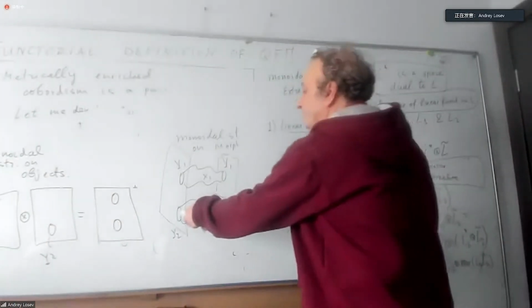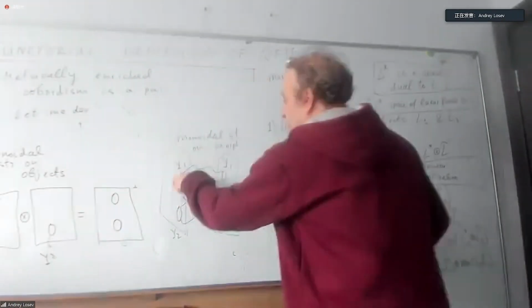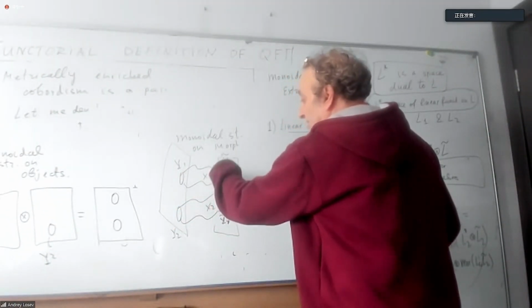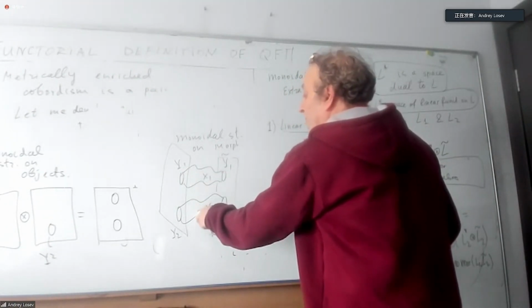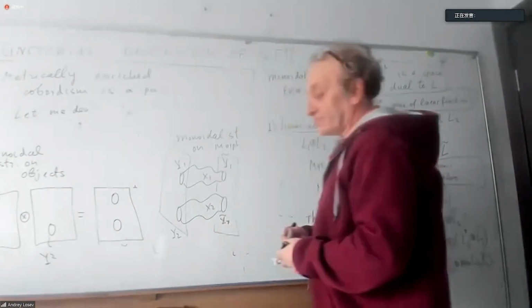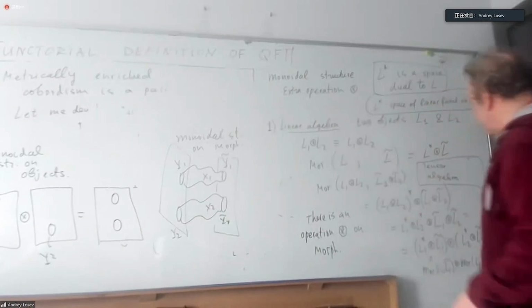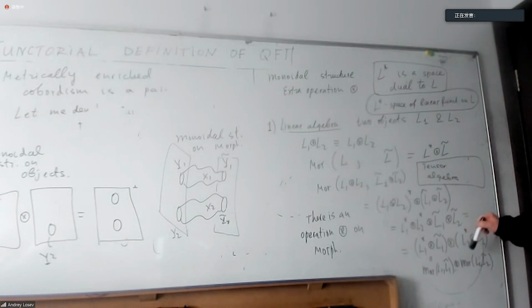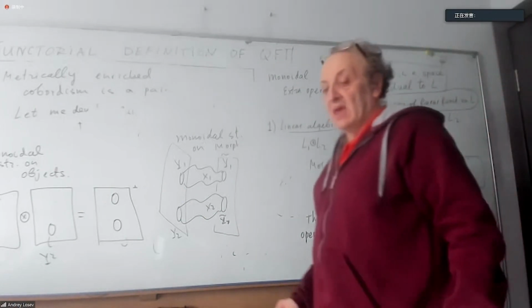And you see the cobordism between the monoidal product of y1 and y2 contains this monoidal product of cobordisms. Exactly like it happens in linear algebra.